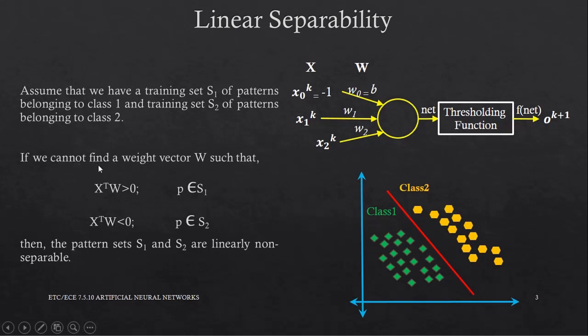Obviously, weight vector W decides the equation for the line of the dichotomizer. If you cannot find W, you cannot find the line. Why can't you find the line? Because the patterns are linearly non-separable. I hope this definition of linear separability is clear.